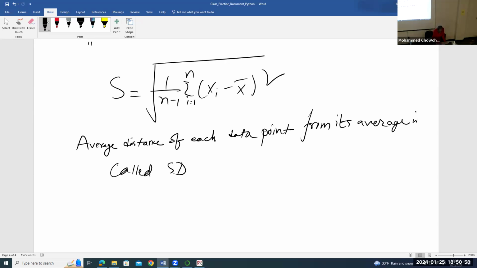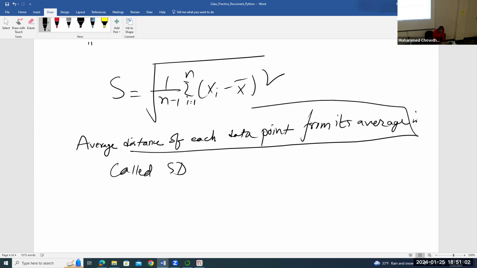The distance of each data point from its average: this part is x_i minus x bar, right? So the distance of each data point from its average is this one.